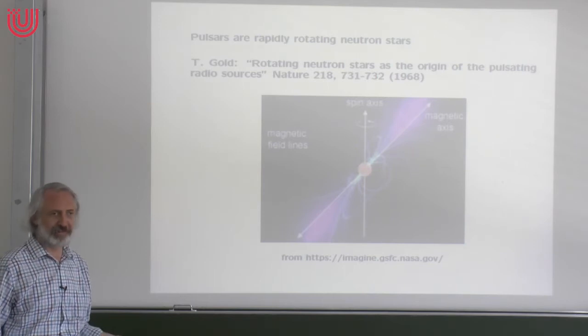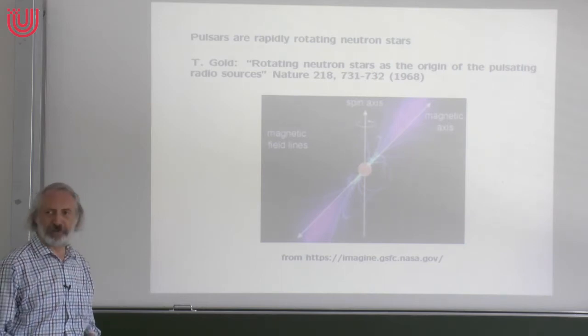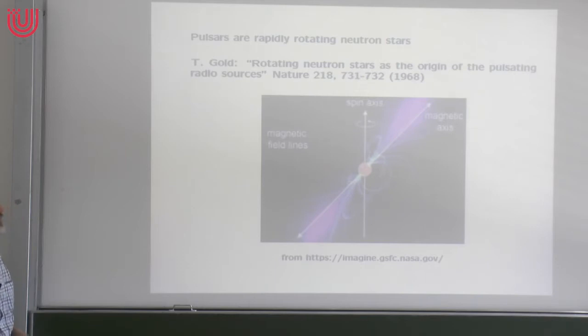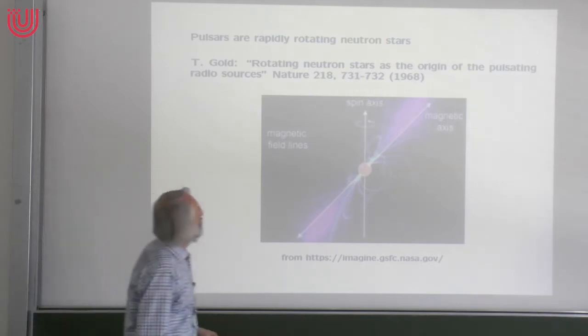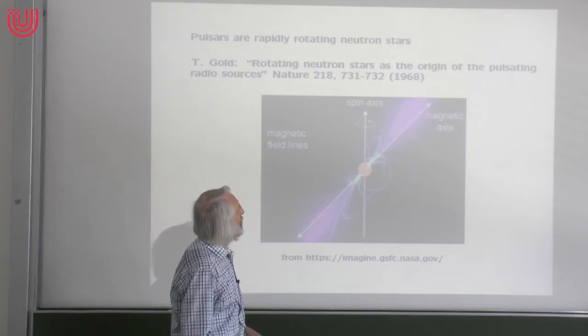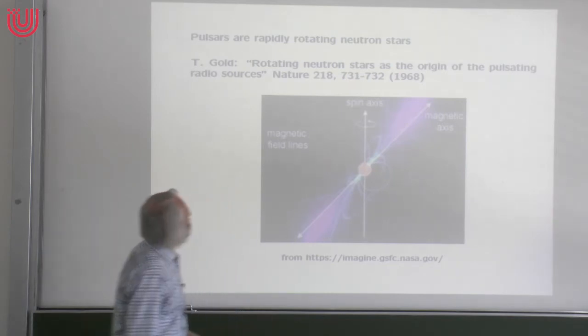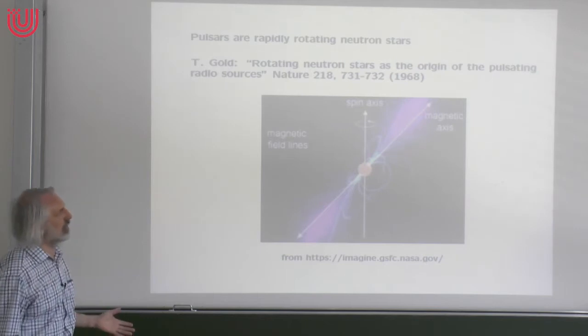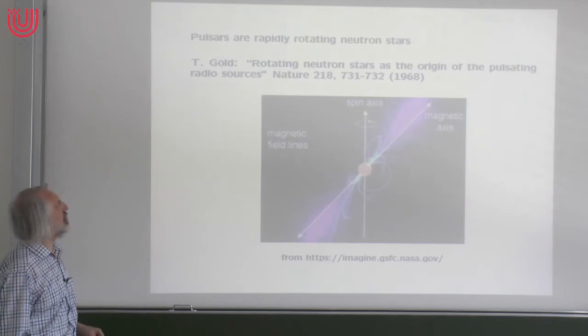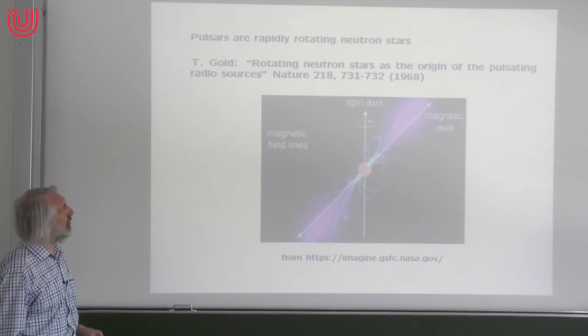So I cannot reject anything. So I'm very sorry, but I have to reject this paper. The idea is too ludicrous. But the Nature editors were obviously not so skeptical about this. So the paper was accepted. And a year later or so, more or less everybody believed that the explanation by Gold was correct.